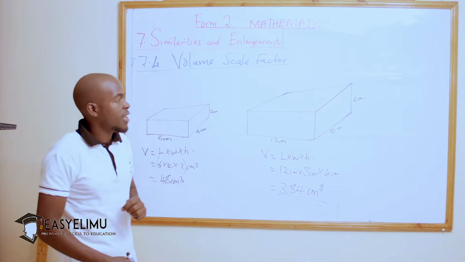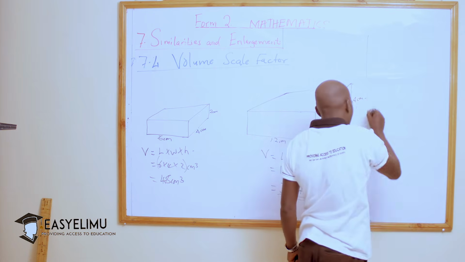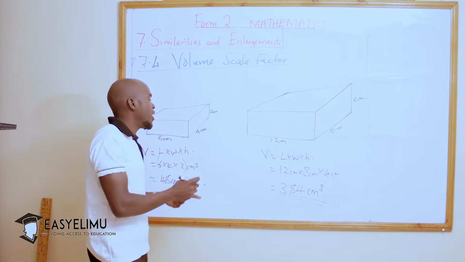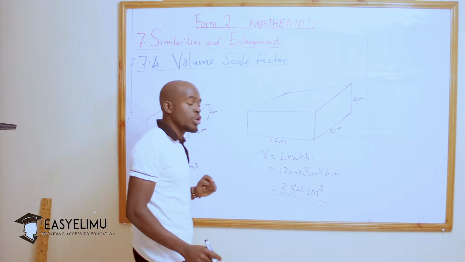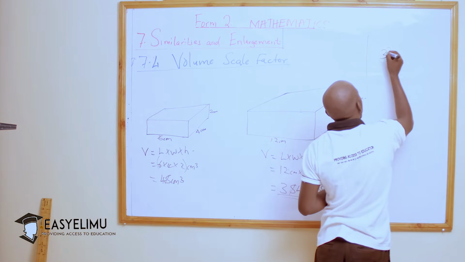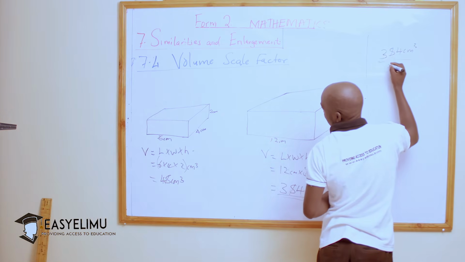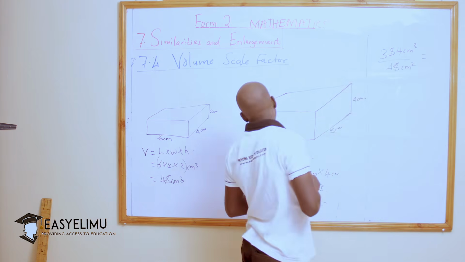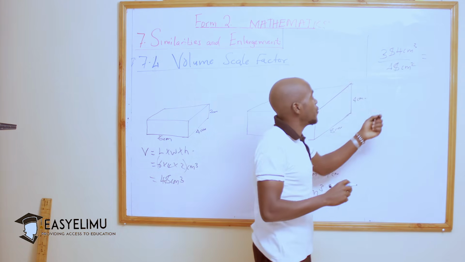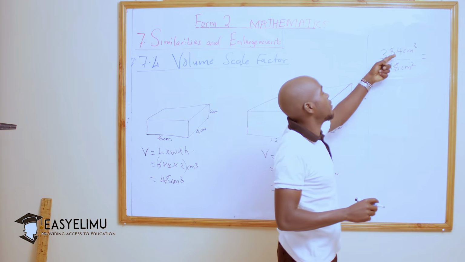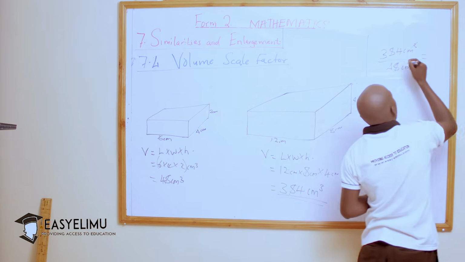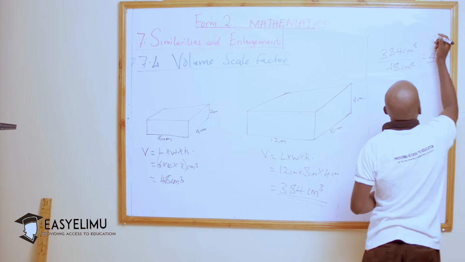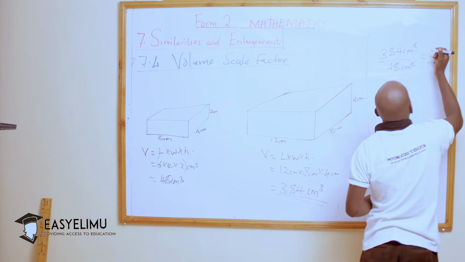So if you view the two, this one is 384 and this one is 48. But if you find the relationship between them, meaning you find the ratio of the two volumes of the cuboids, you will find that the ratio of the larger volume over that of the smaller volume, which is 48, is equal to, if you divide 384 by 48, it is actually not 4, it's going to give you 8.